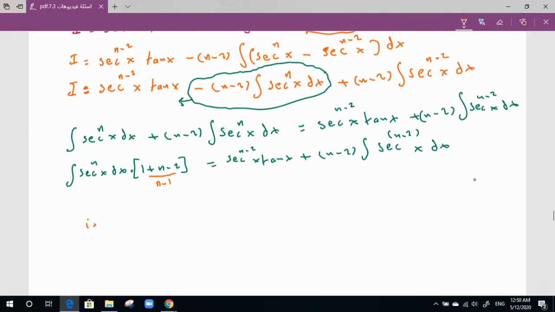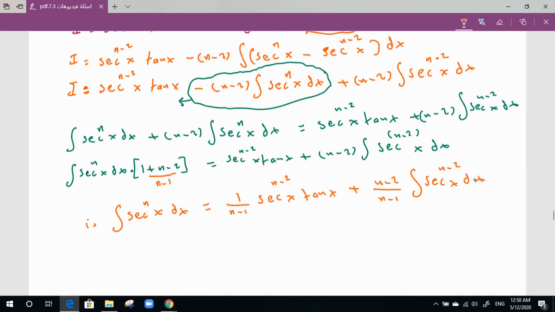So the integral of secant n x dx equals 1 over n minus 1 secant to the power n minus 2 x tan x plus n minus 2 over n minus 1 times the integral of secant to the power n minus 2 dx.